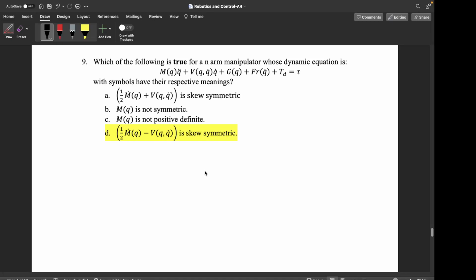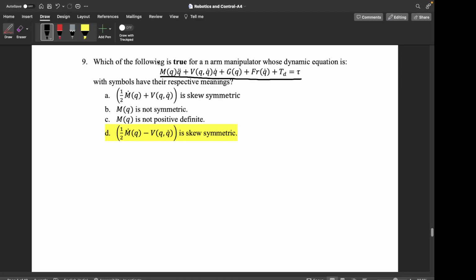This question, I think this is based on... Okay, so first look at the options. This is the usual manipulator dynamics equation, right? Where I guess you know the usual meanings of these symbols.